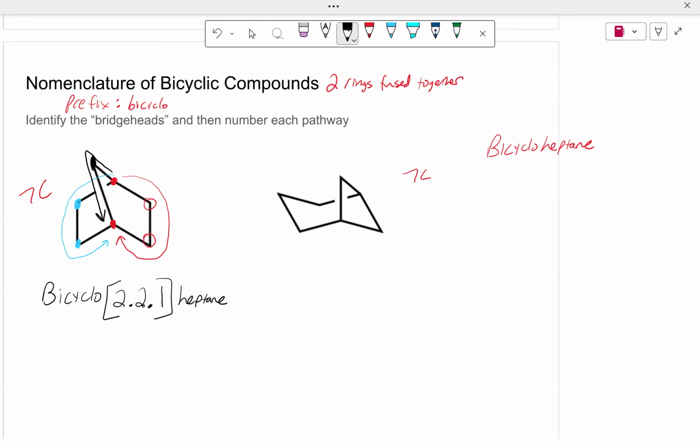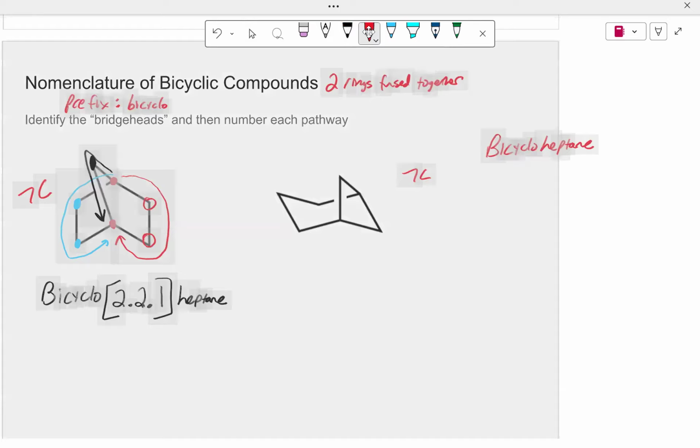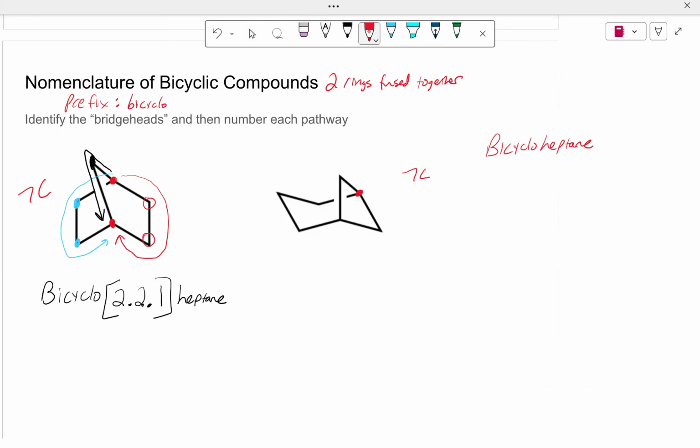Let's contrast that with the other side. So again, I'm going to mark the bridgeheads here and here. And I'm just going to start at one bridgehead and go around the ring until I hit the next one. So for this one, I hit one carbon there, put a circle around it. Now I'm going to do the same thing here.